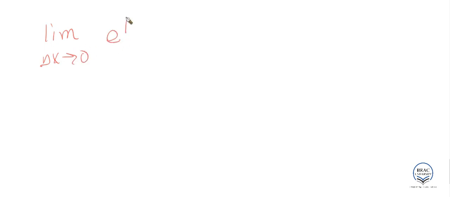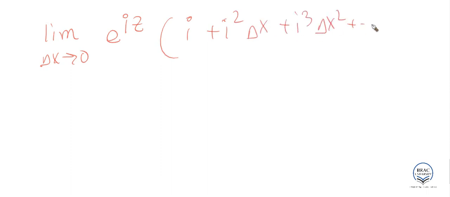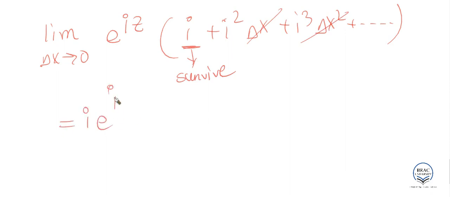We have our e to the power iz that is not affected by this limit operation, and we have i plus i squared del x plus i cubed del x squared and so on. And you can see that only this term will survive, and all of this will just go away once you evaluate the limit, that is, you take del x goes to 0. So we can say the result is e to the power iz times i.